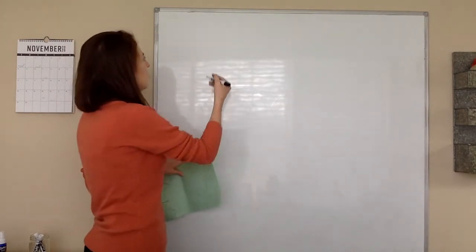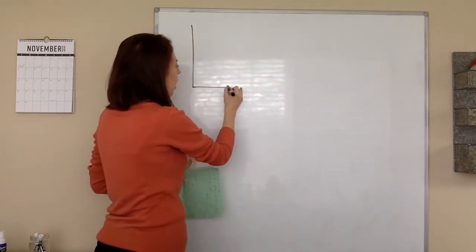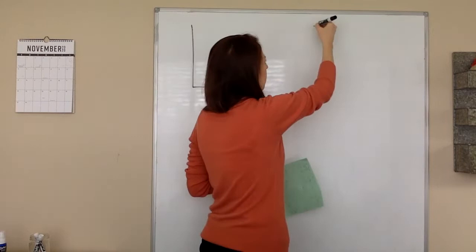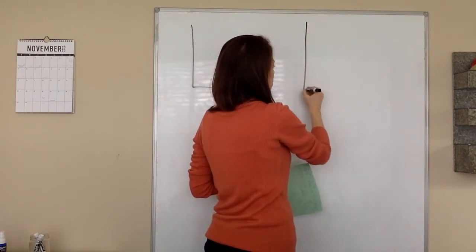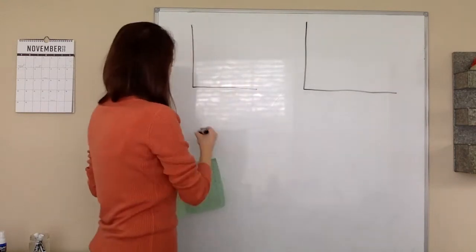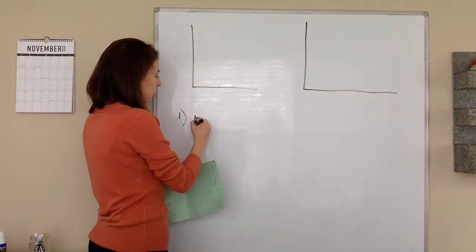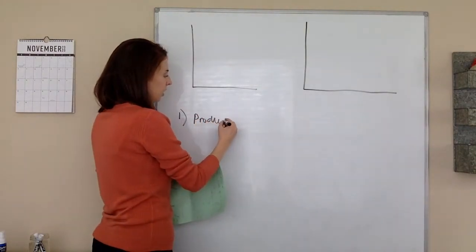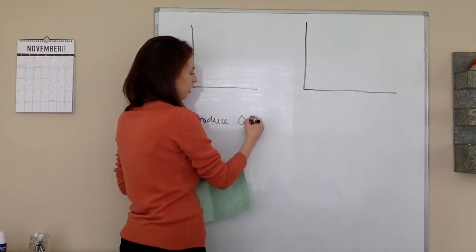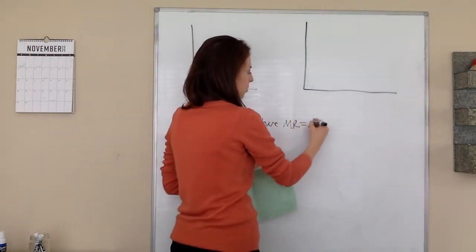So the pictures that we were looking at last time helped us to determine how a firm in a market like this should behave, specifically, if they want to maximize their profit. The first thing that we said is that firms need to produce the quantity where marginal revenue equals marginal cost.